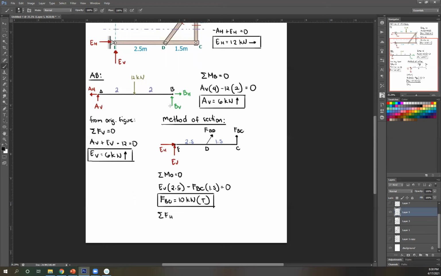Let's try horizontal, sum of forces horizontal equals 0. I chose horizontal just so there are fewer forces, since I'm not going to include FBC anymore since it's vertical.